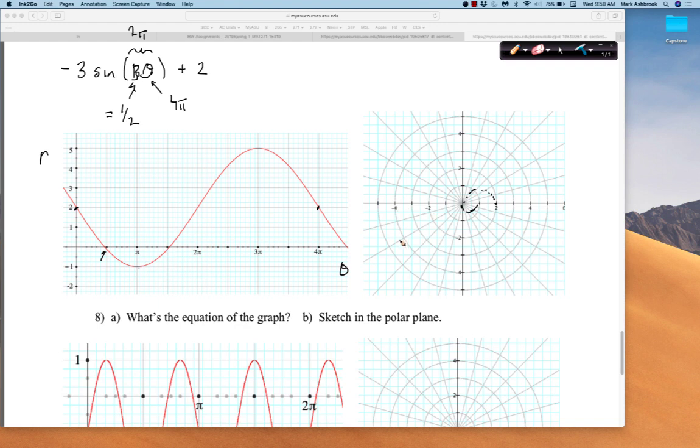So again, we're turning in this quadrant here, but they're negative values. So we're going to be up here, going from -1 back to 0. And then from 3 pi over 2 to 2 pi, from 0 to 2. So r is increasing to 2.